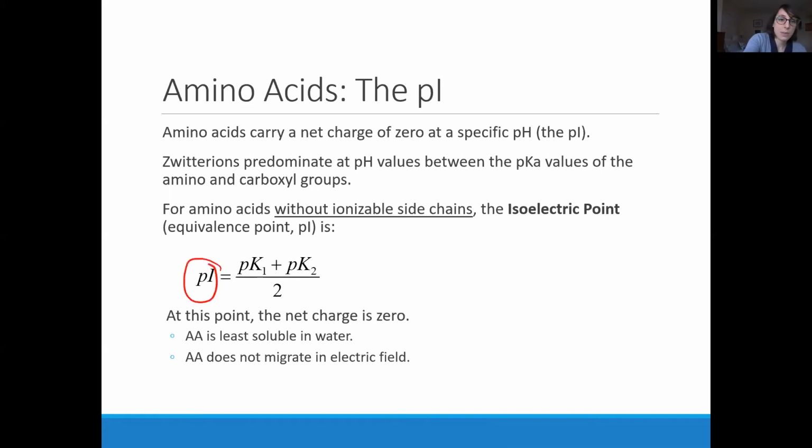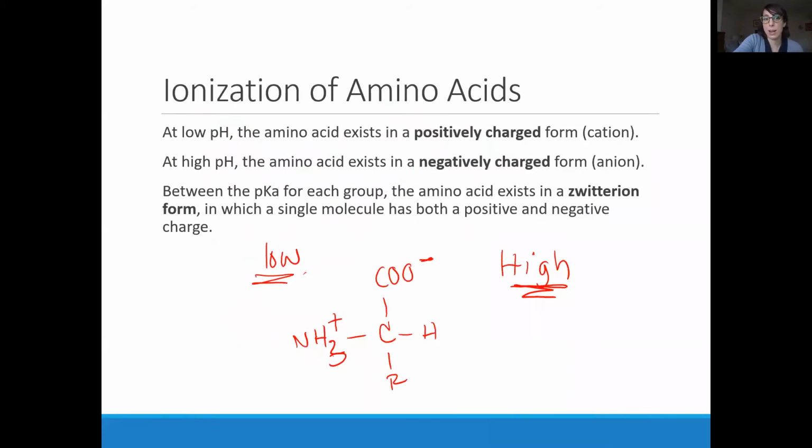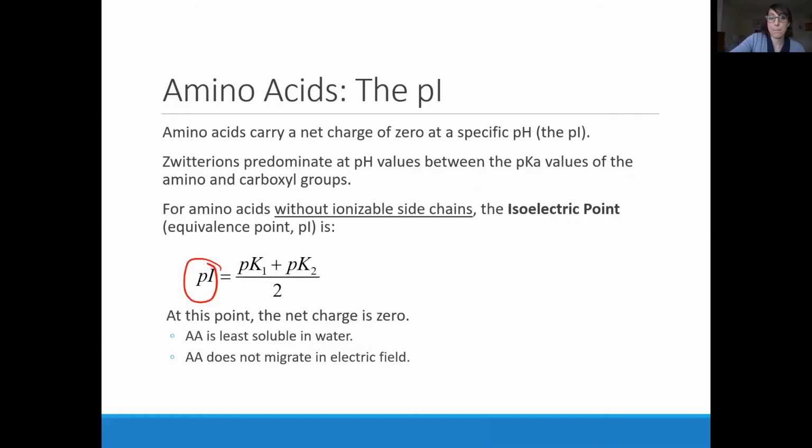That will give you the isoelectric point, the value where this amino acid is exactly neutral in its Zwitter ion form, between those two pKa values.